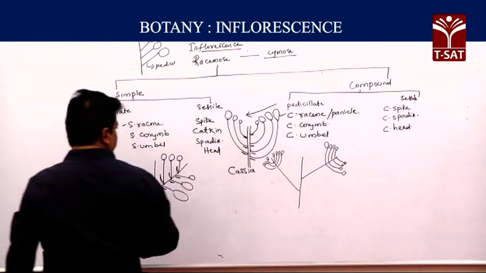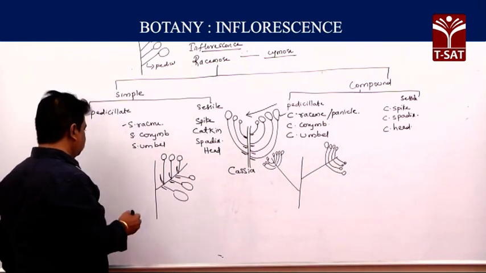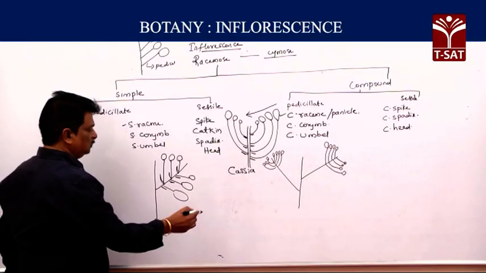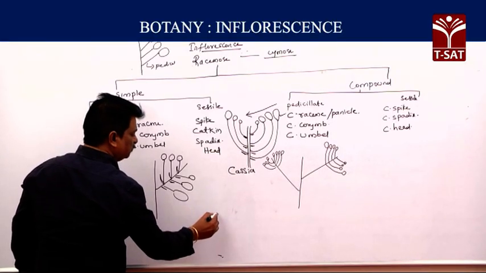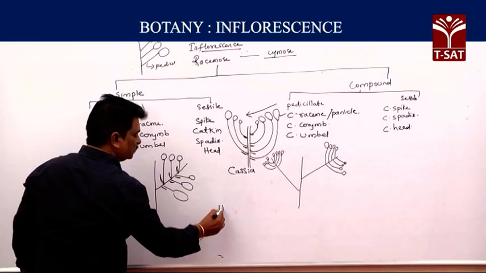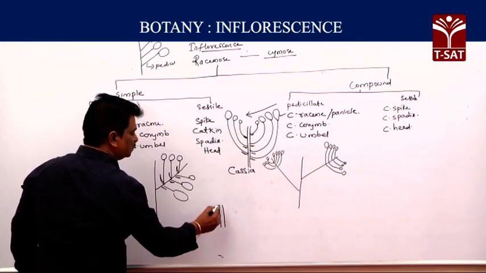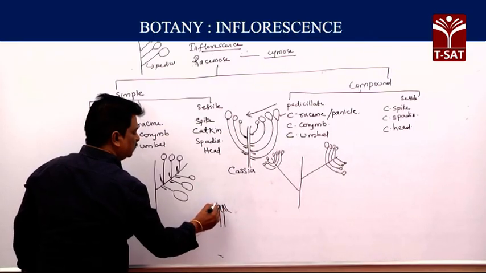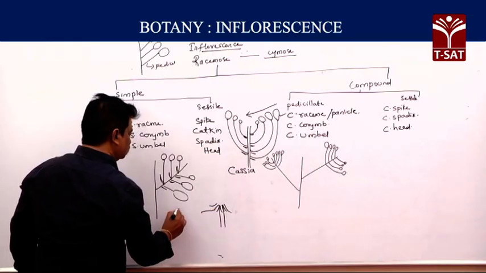The next one is simple umbel. In simple umbel, the peduncle is condensed and at the tip of the peduncle a row of bracts is present.